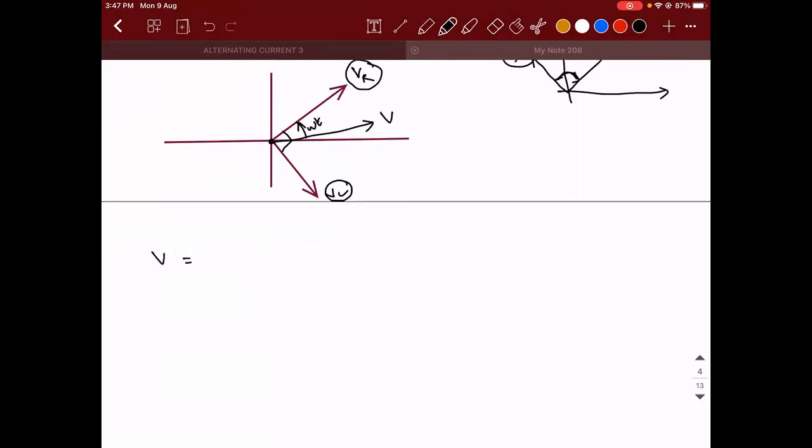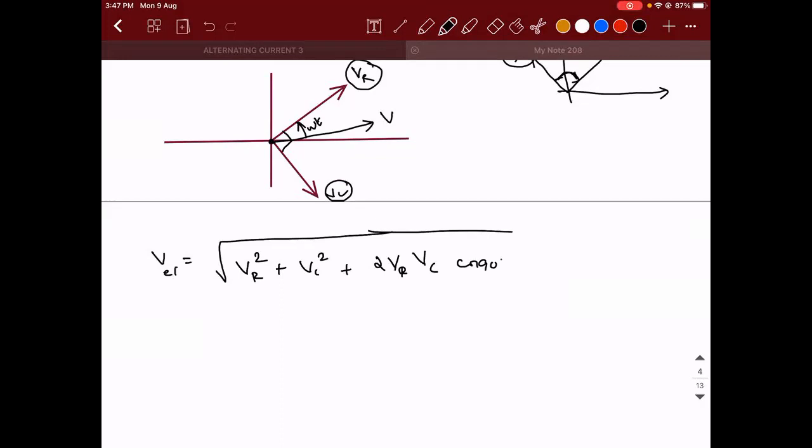V will be equal to square root of VR square plus VC square plus 2 times VR into VC into cos of 90 degrees. Am I clear with this point, guys? And this V is called the effective value or the RMS value. Okay, this is the root mean square value.